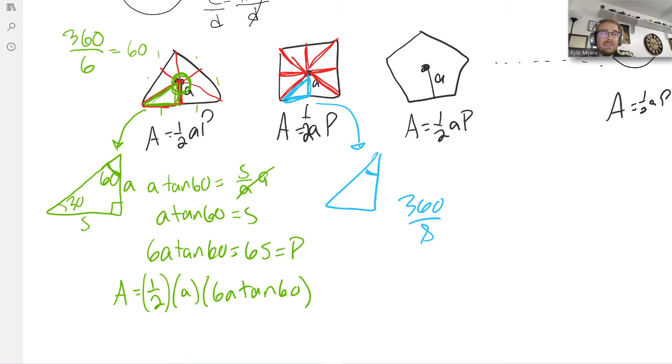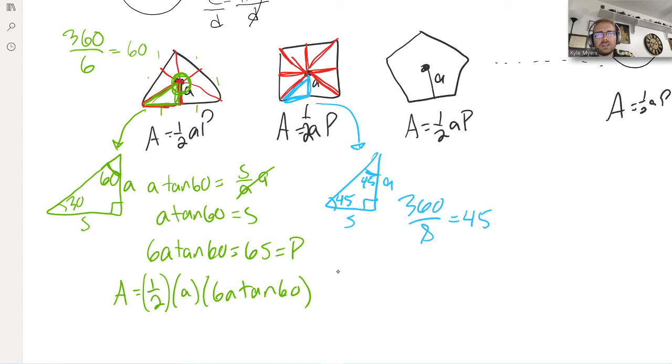If I divide by 8, the trick to that is actually halving it 3 times. So take half of 180, take half of 90, take half of 45. So this is 45 degrees, which means this is a 45, 45, 90 triangle. So if that's A, then A and S are actually the same thing.